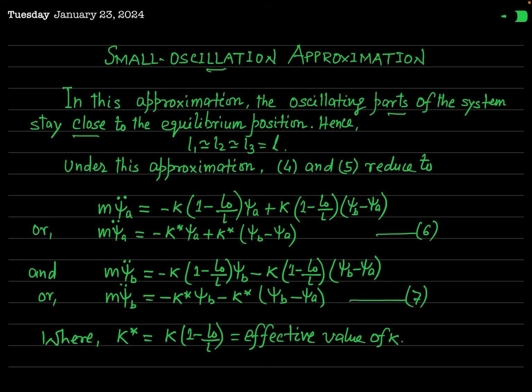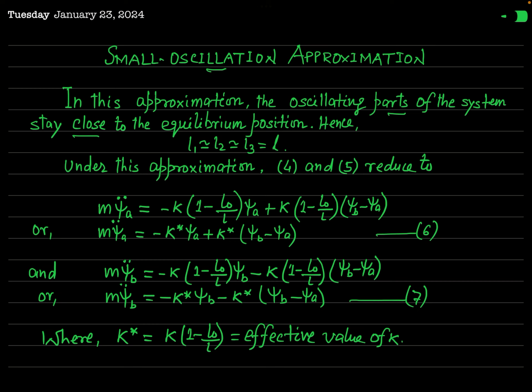And as the system remains very close to the equilibrium position, the length of the springs during oscillation, when the system is displaced, will not be very different from its length in the state of equilibrium.